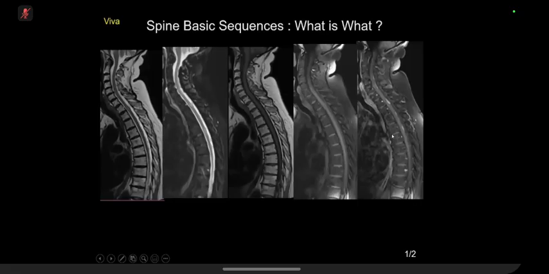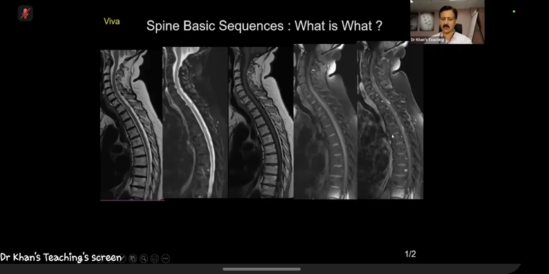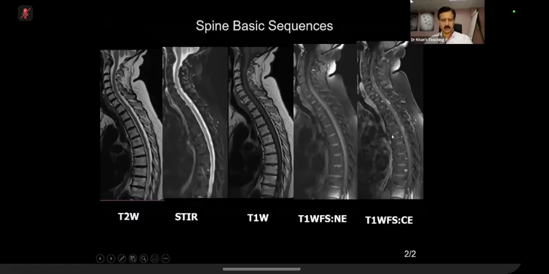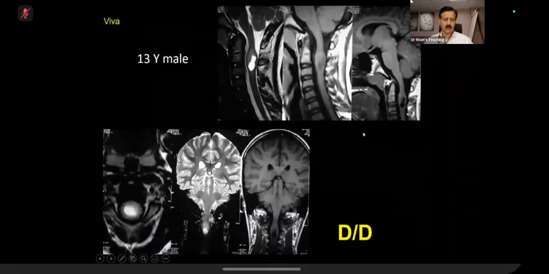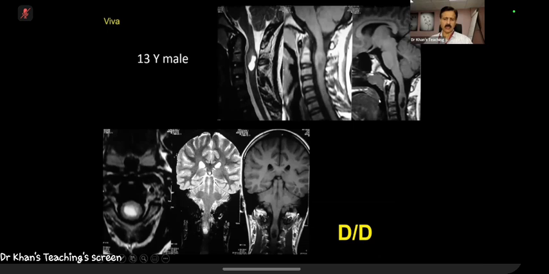Post-contrast in spine is a tricky one, and either there will be things which are enhancing, which will tell you that this is a post-contrast, or maybe at times the examiner will tell you also. So these are the sequences, the names which I told you. Okay, candidate 1. This is T2, this is post-contrast, and this one is pre-contrast T1. Over to you.